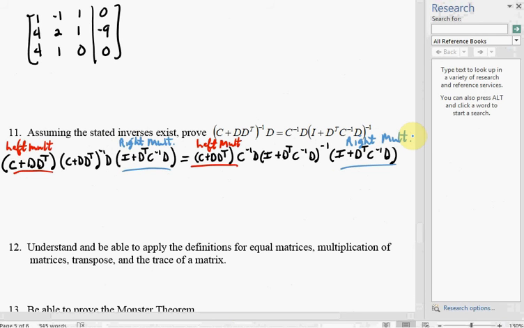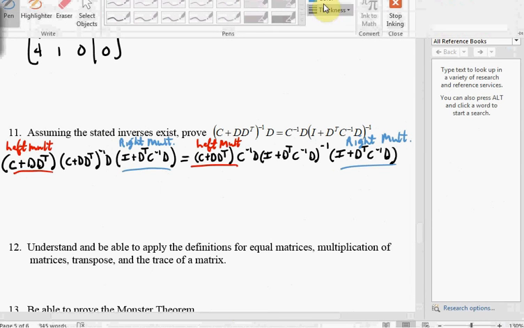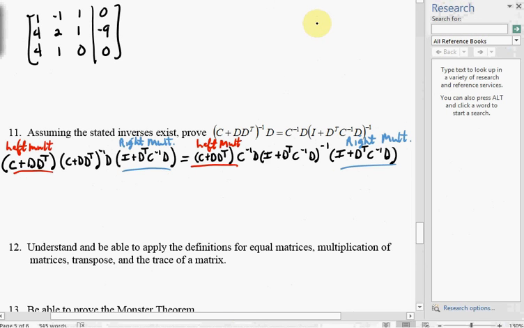So now, look, this matrix times its inverse just gives me the identity matrix, and that's times that D sitting there, right? And then here I have the identity plus D transpose C inverse D. That's equal to, now this term over here times this inverse just gives me the identity there.